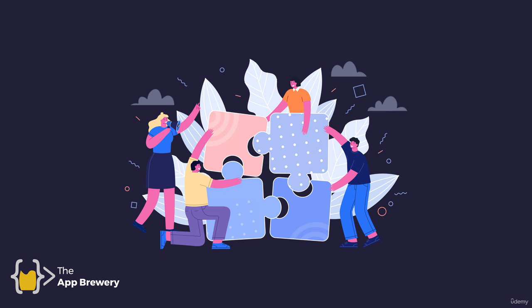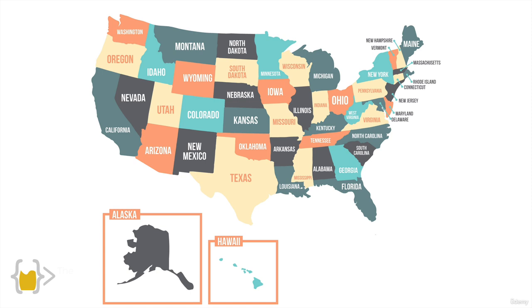For example, if you wanted to store all of the names of the states in the US, then it doesn't really make sense to store them all individually because they kind of belong together, right? They have a relationship to each other. So it would be nice if you had a variable that was called states in the US, and then you would be able to store all of the names of the states together in one variable.